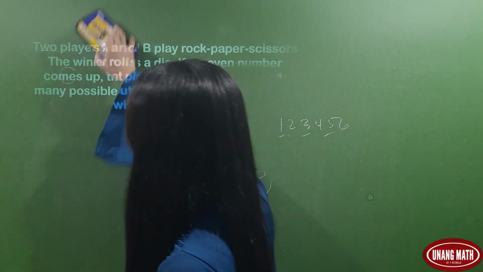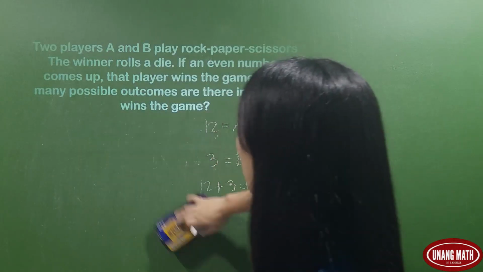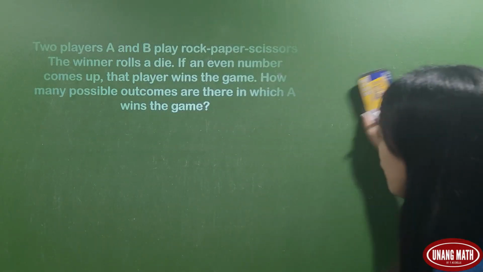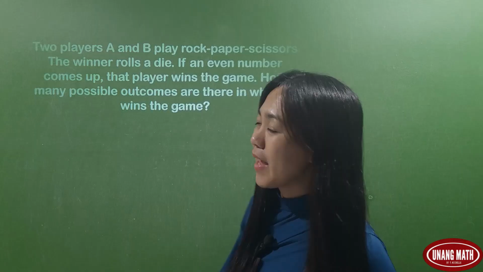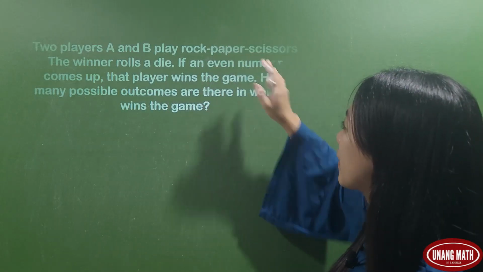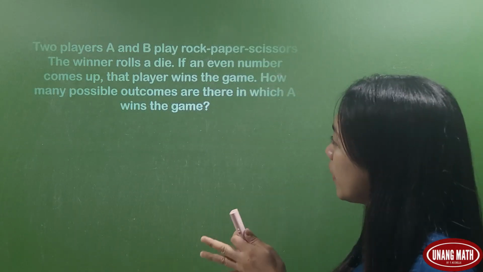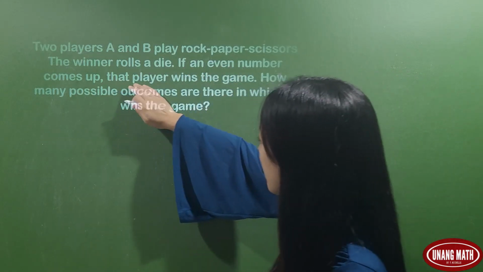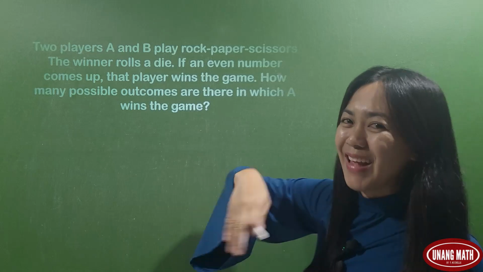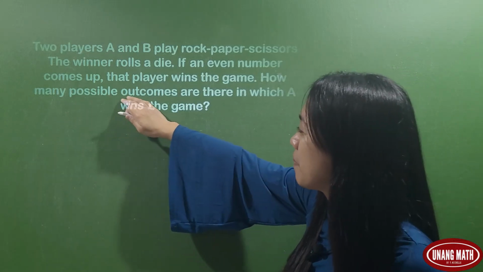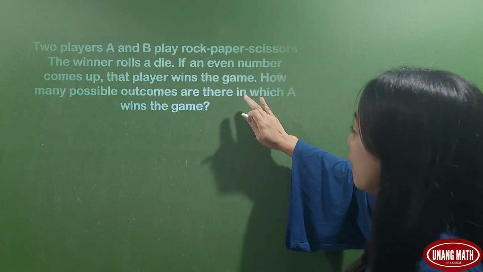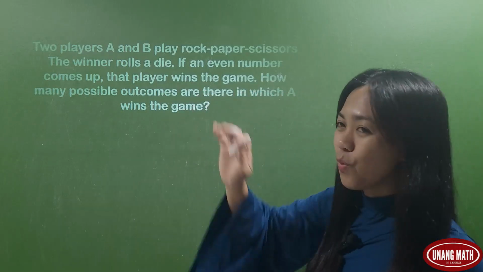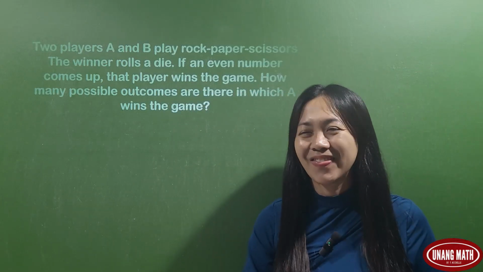Okay, moving on to our last question. According to this one, two players, A and B, play rock, paper, scissors. The winner rolls a die, and if an even number comes up, the player wins the game. So it's asking for how many possible outcomes are there in which player A wins the game.